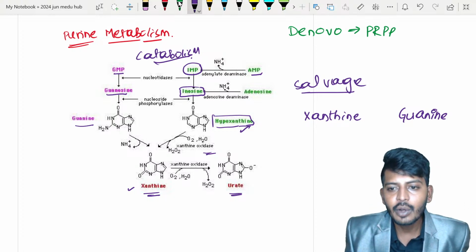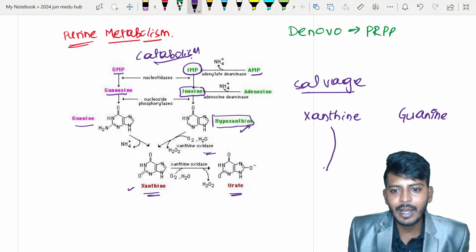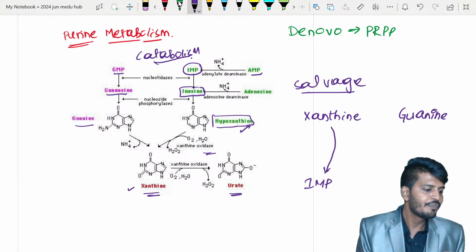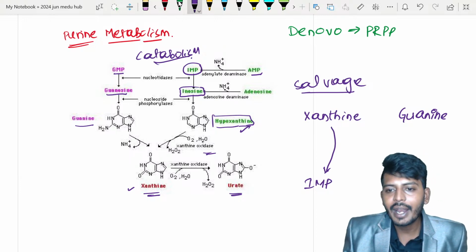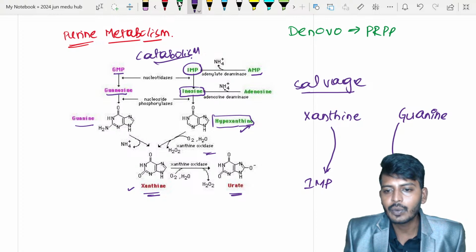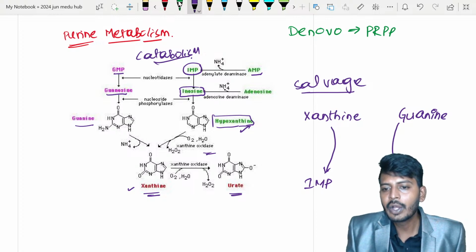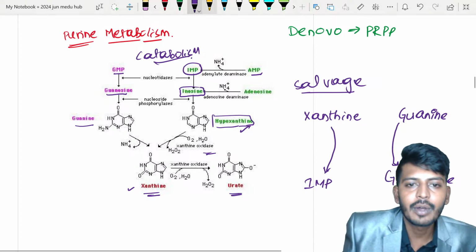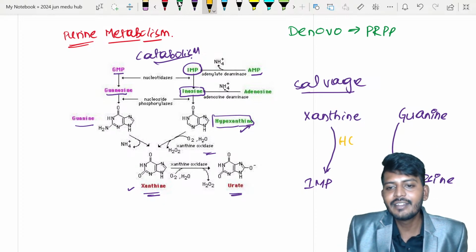सैल्वेज पाथवे में. सो ये xanthine वापस बनेगा, वापस किस चीज में बनेगा? IMP. Xanthine will get converted into IMP and guanine will get converted into guanosine. ये दोनों में conversion होता है. For this conversion we require HGPRT.